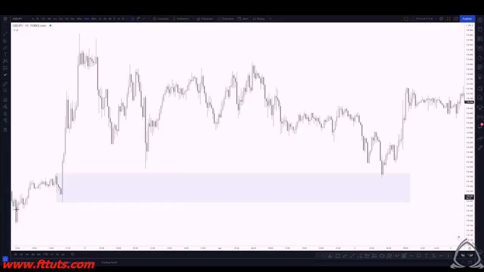If we wanted to look to refine that to just one candle where the momentum of that move really arrived at, we could actually move it to this bearish candle before this large expansion to the upside that broke this range. And we'd be able to mark that as our demand zone.